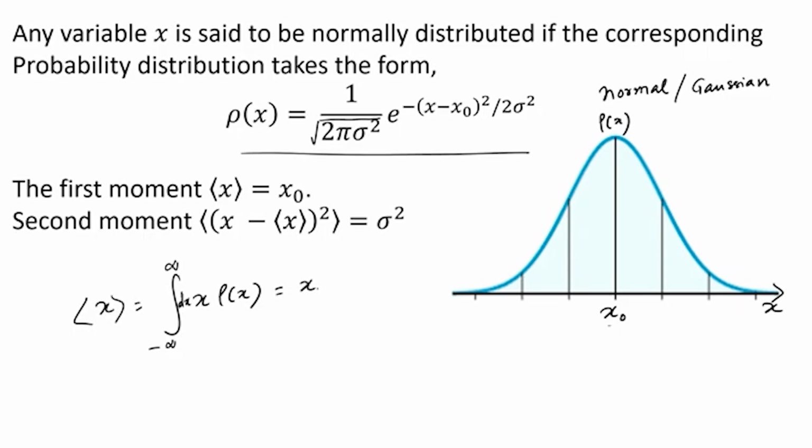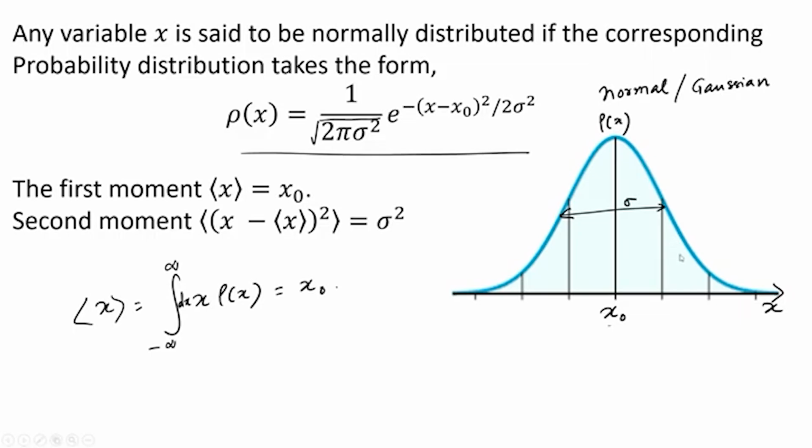Okay. So, this is equal to x 0, and if you take the variance, which is the average value of (x minus x average) whole square, that gives you sigma squared. So, this variance, this is the full width at half maximum called sigma.